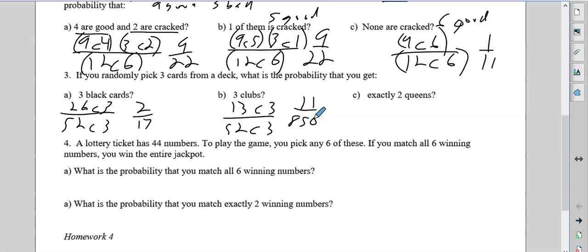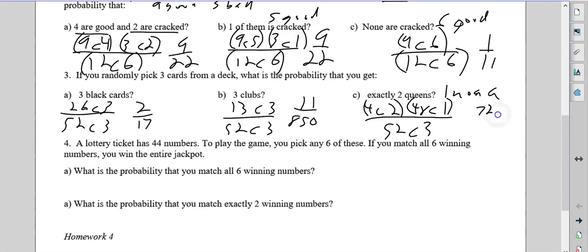And exactly 2 queens means 1 non-queen. So we're picking 2 from the 4 queens, and we're picking 1 from the remaining 48 cards. And again, 3 from 52. And that gives us 72 out of 5525. So much lower probability.